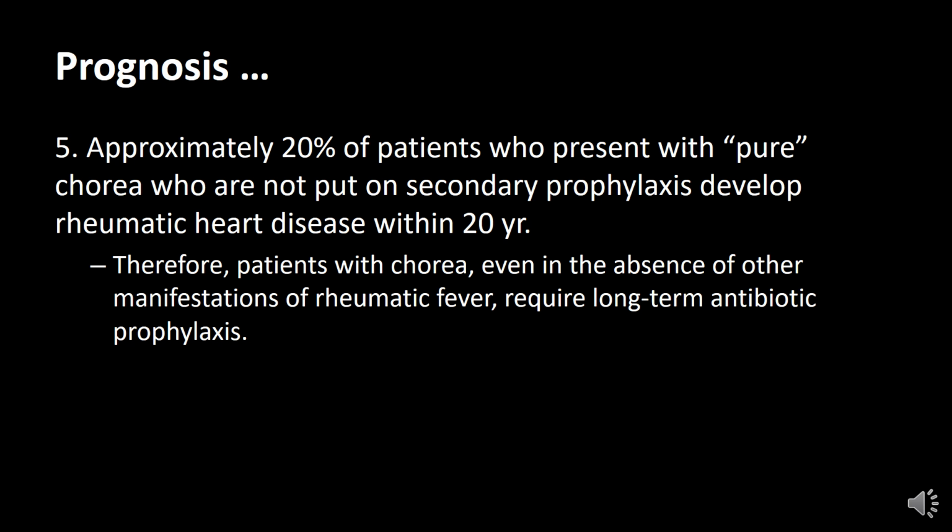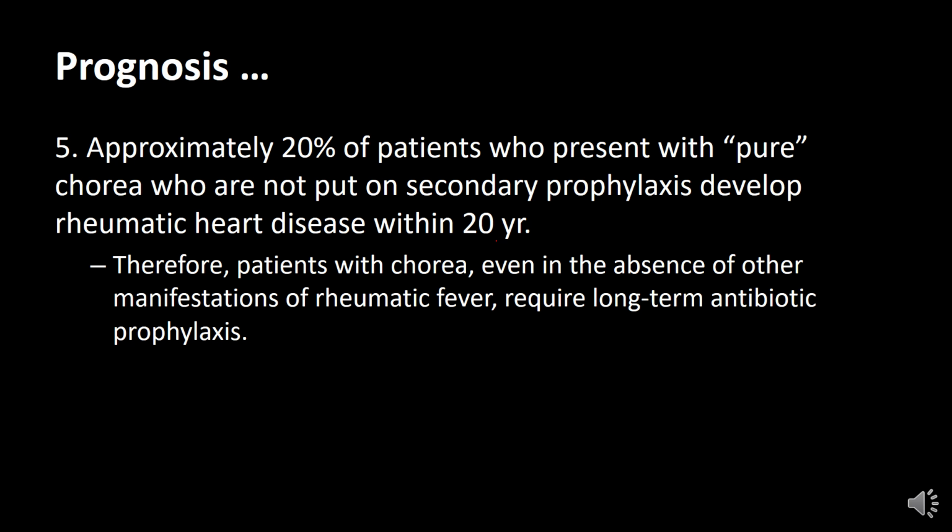The fifth category of patients: about 20% of patients who present with pure chorea and are not put on secondary prophylaxis develop rheumatic heart disease within 20 years. Remember we said that chorea may be the only presentation, in which case it forms an exception to the Jones criteria, where we said that if a patient presents with chorea, you may not need all the measures, but you at least need evidence of streptococcal infection.